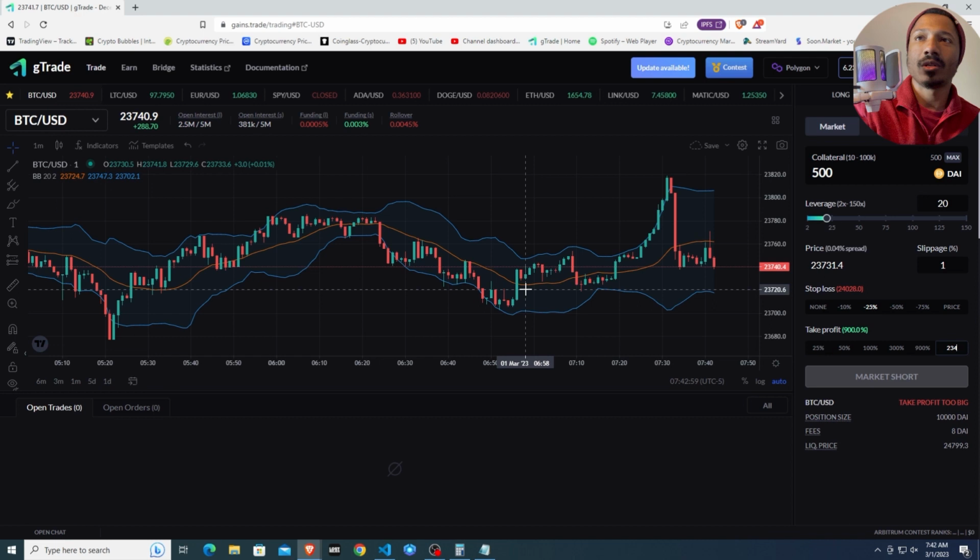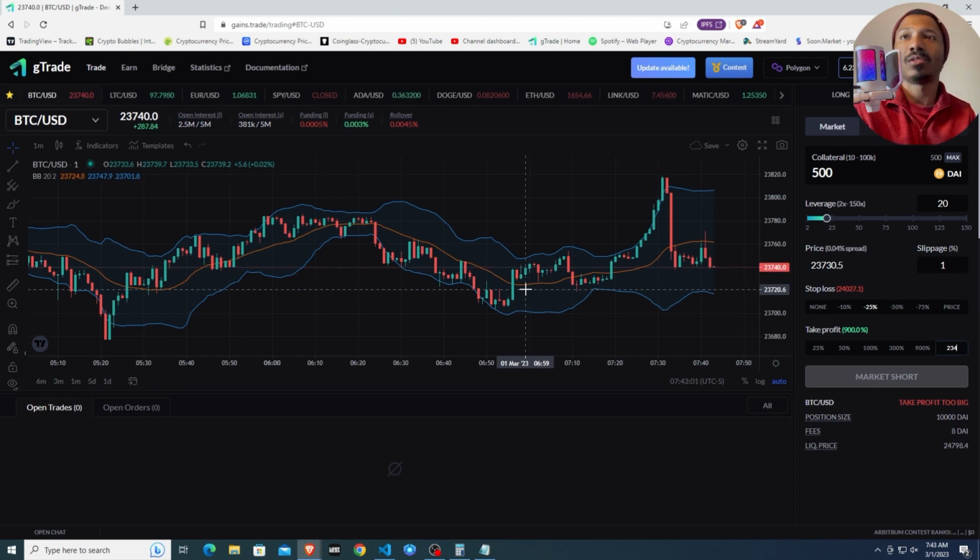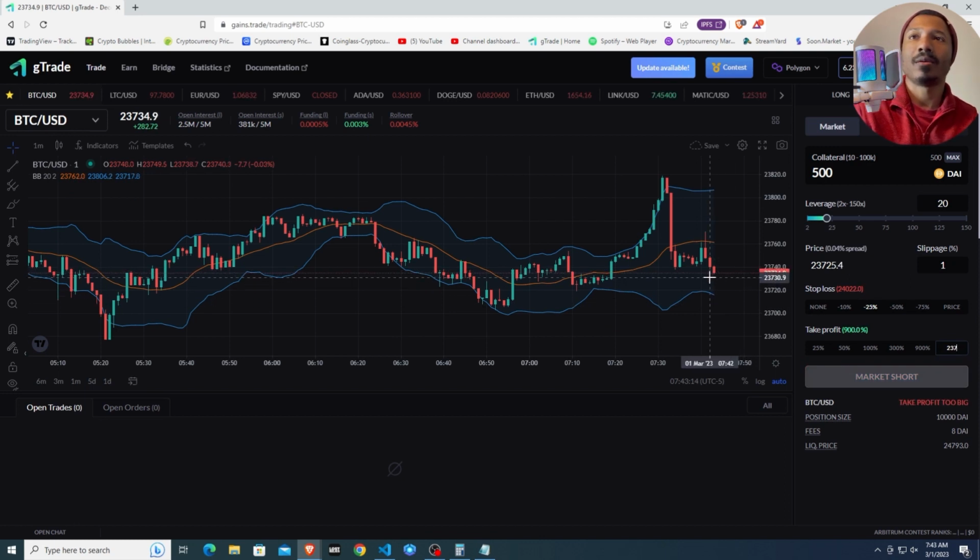Let's say we were to go down to 23,720. That wouldn't be much of a gain there. So we'd actually have to push a bit more down. So let's say about 23.5, and we'd be looking at about an 18% gain, which I'd take a heck of a lot sooner than that.